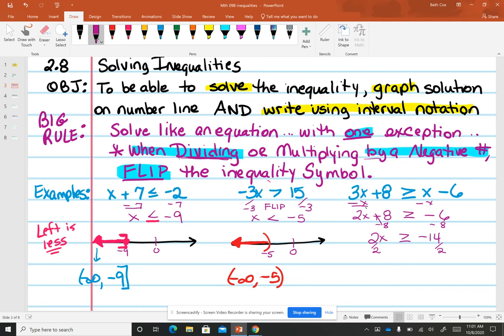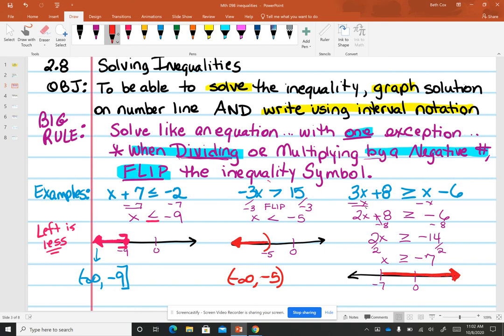All right, so that's going to give me x is greater than or equal to -7. Again, I'm going to be lazy and just put 0 and negatives are over here. And I'm going to color greater than -7, so that's this way.